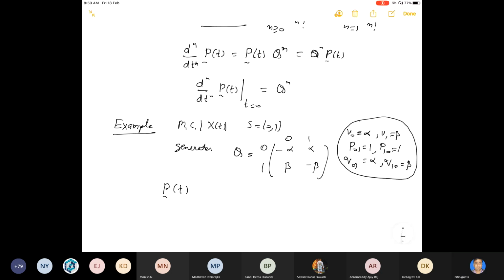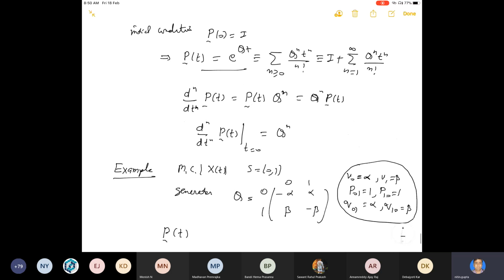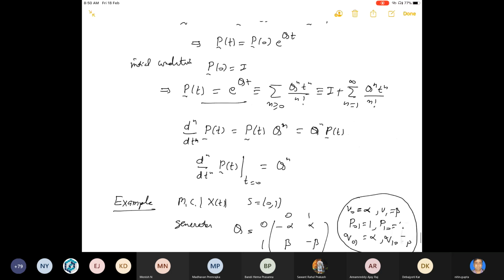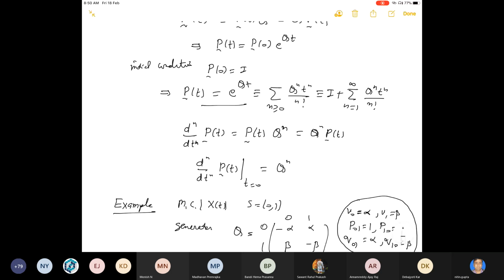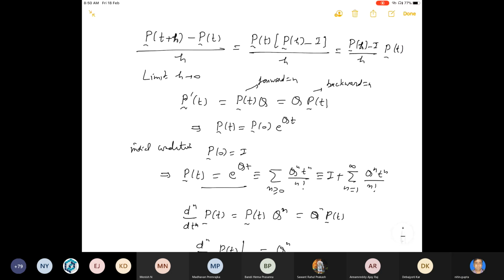You can also find out the limiting probabilities using pi Q is equal to 0, because that we will get from the forward equation.